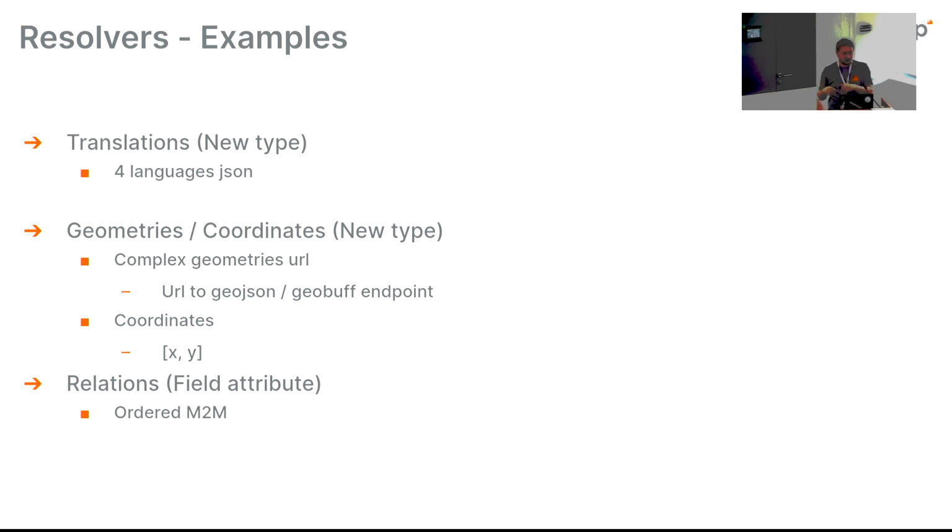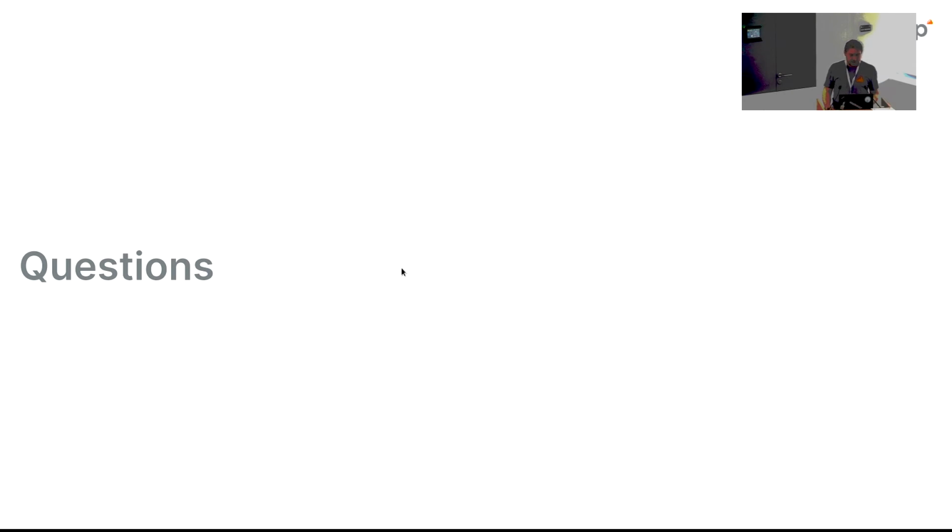But we want it ordered, so we made some resolvers that we use in the field attributes that we can reuse in a lot of different places. And that's it for my presentation.